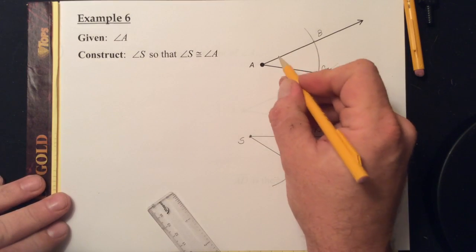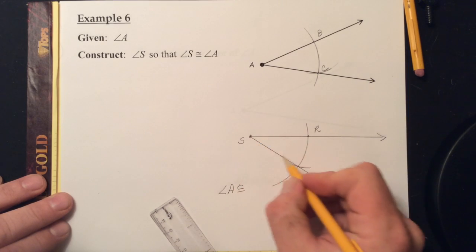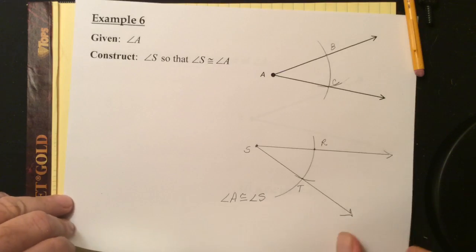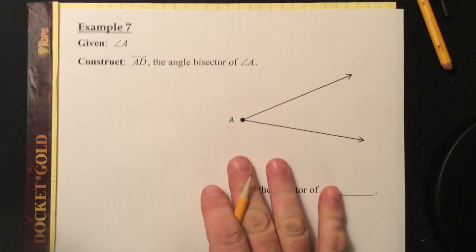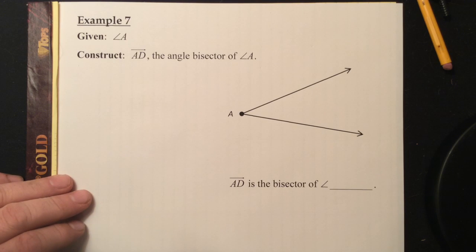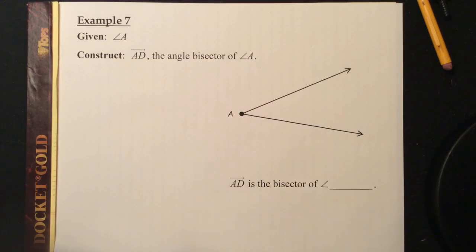This angle here, angle A, is now congruent to this angle here, angle S. Our last construction, dealing with an angle: we're given angle A. They ask us to construct angle bisector AD, where ray AD is the angle bisector of angle A. So how do we do that?